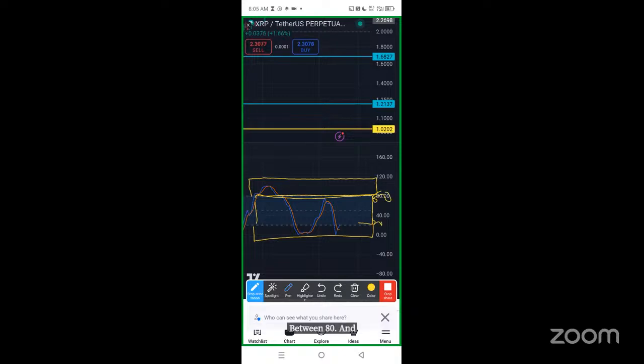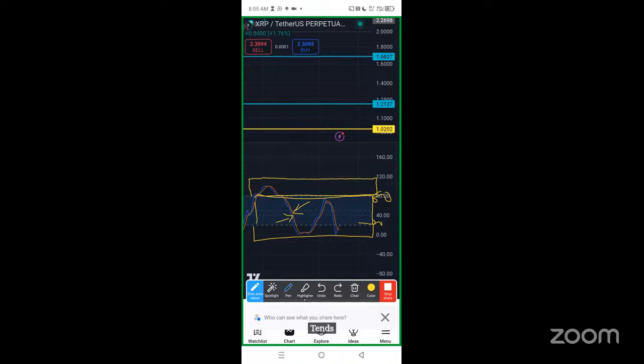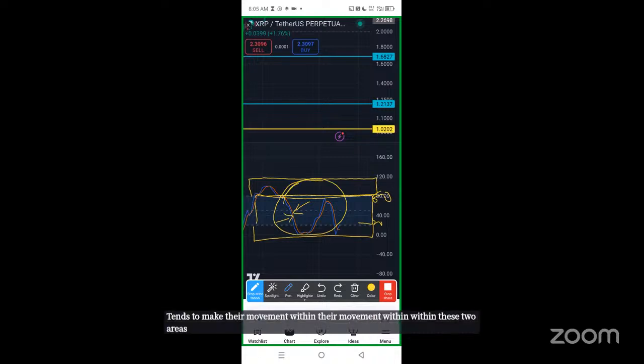Now, these moving averages or lines, which are the orange line and the blue line, tend to make their movement within the upper zone and the lower zone. It will never go below the lower zone, neither will it ever go above the upper zone.